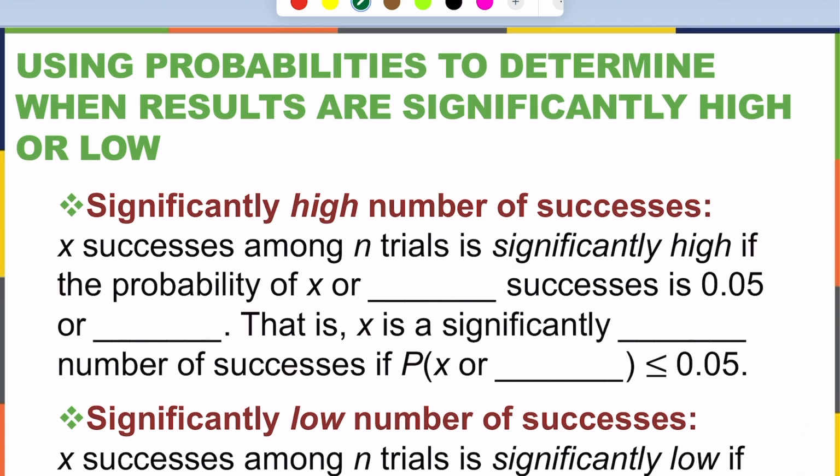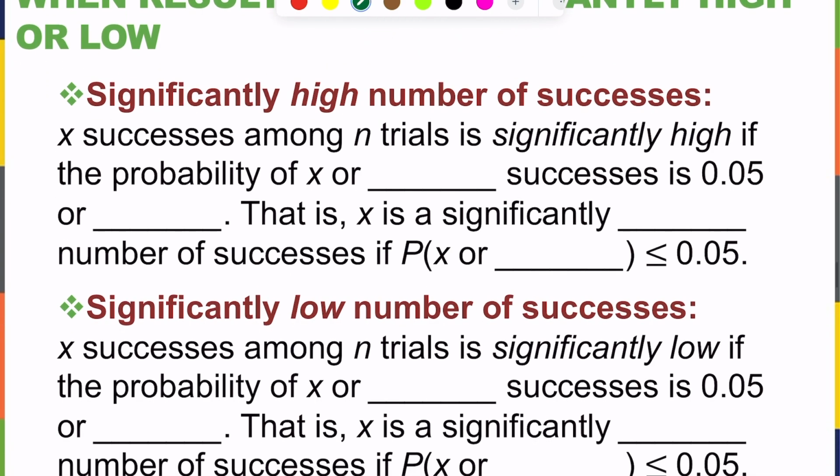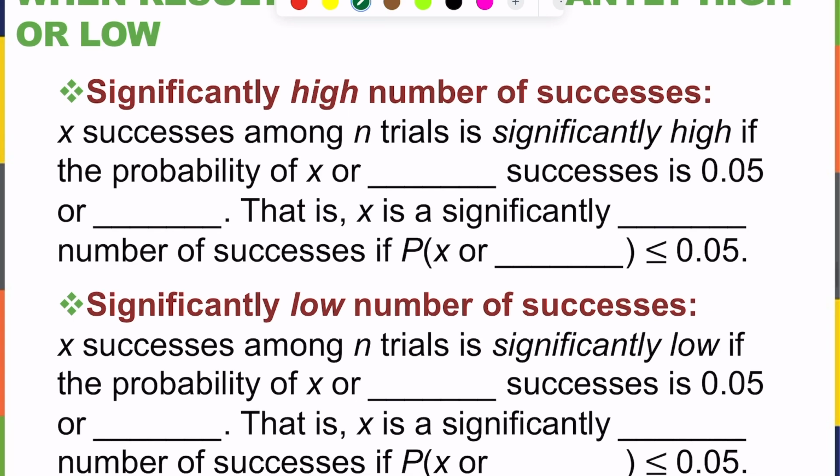Using probabilities to determine when results are significantly high or low. Okay, here it is again. I'm just going to harp on this because it is so germane to hypothesis testing, which is my goal, to have everybody be experts in hypothesis testing. Okay, significantly high number of successes. X successes among n trials is significantly high if the probability of x or more, we're trying to establish that it's high, is 0.05 or less.